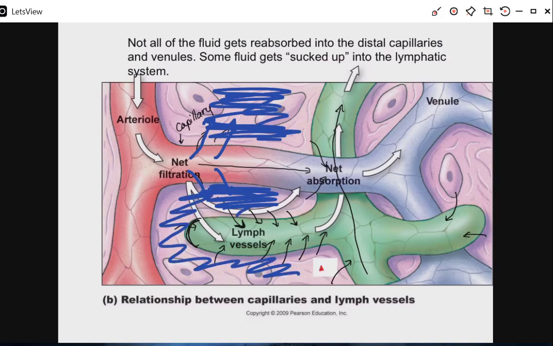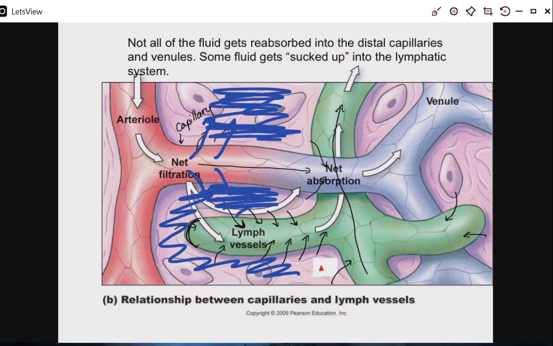So edema usually will eventually subside as the lymph system catches up and takes care of the extra fluid. But what happens if your lymph system is compromised or some of it is removed? Then it's very difficult to deal with the accumulated ISF fluid. And we see that sometimes.